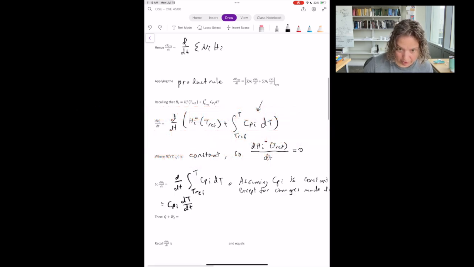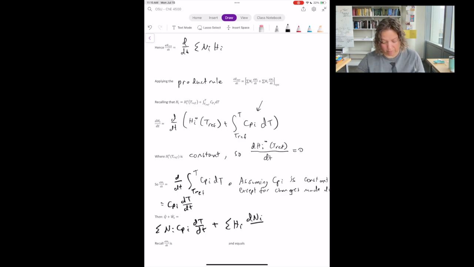We can write out our expression here. This is going to be basically putting together our dE sys term, which we said is equal to this heat plus work term. This is going to be equal to sum Ni CPi dT/dt plus sum Hi dNi/dt. So now we're getting somewhere.